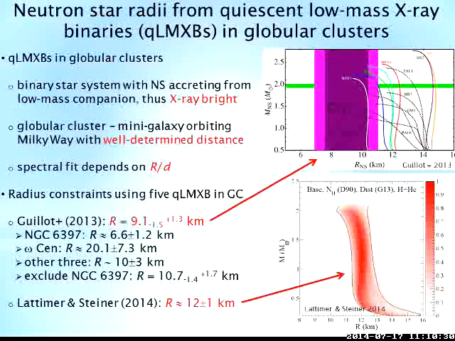So only four neutron stars instead of the 5. Yeah, but how did the number 20 kilometers come from Omega Cen 1? So this is, again, fitting the X-ray spectrum.